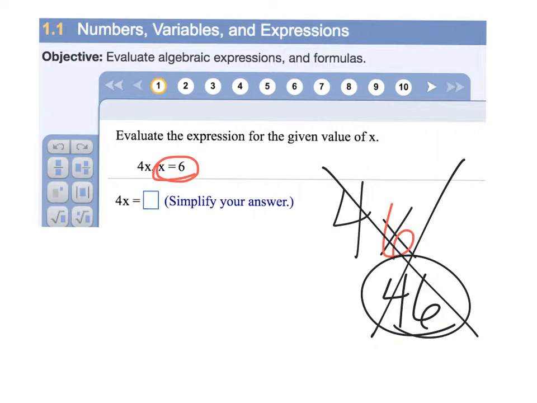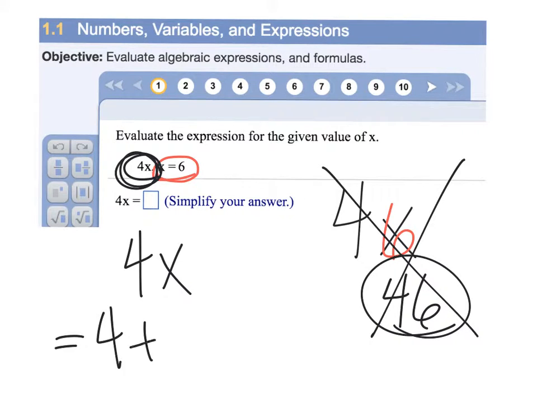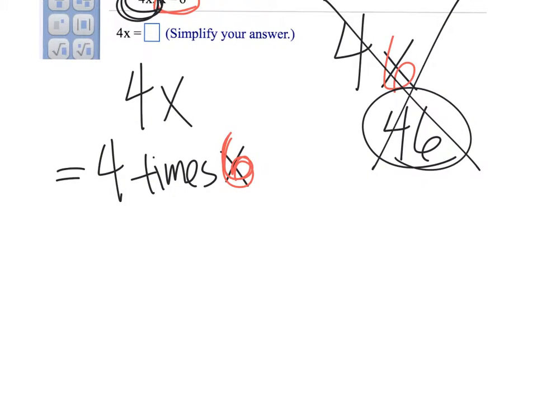That would be wrong. When we say 4x, this means 4 times x. So in this case, since x is really a 6, it really means 4 times 6, which is equal to 24.